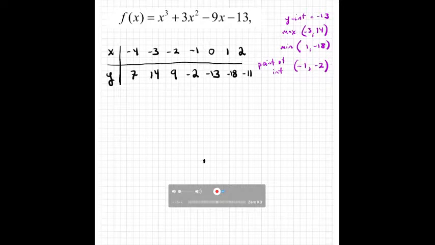On the y-axis, I want to go up and down to 20. Let's count it like this: 2, 4, 6, 8, 10, 12, 14, 16, 18, 20, right? So then let's get a copy.